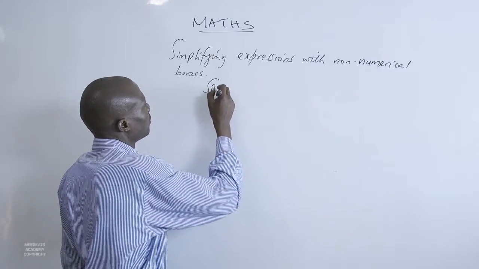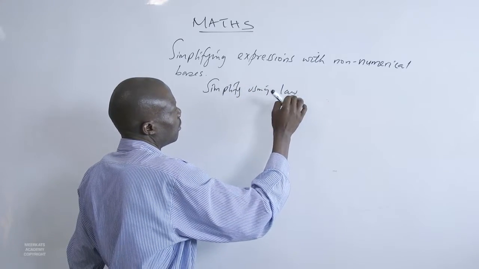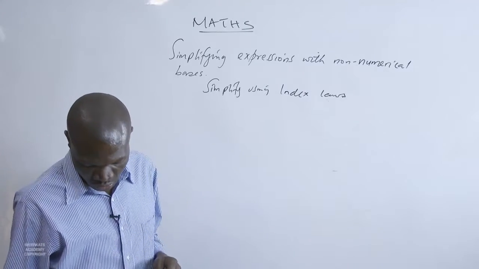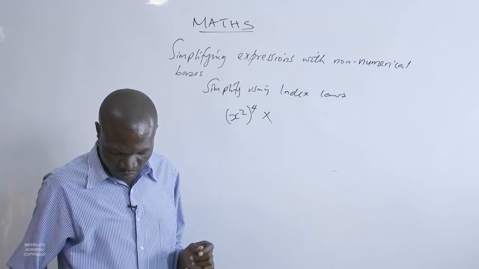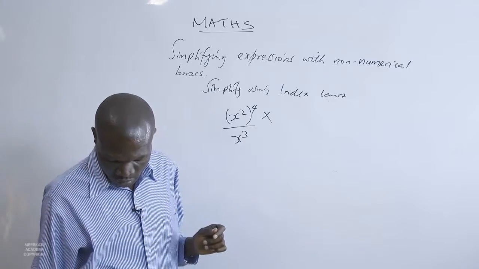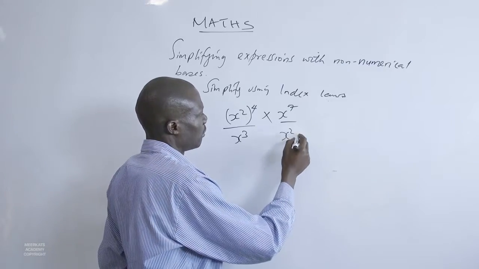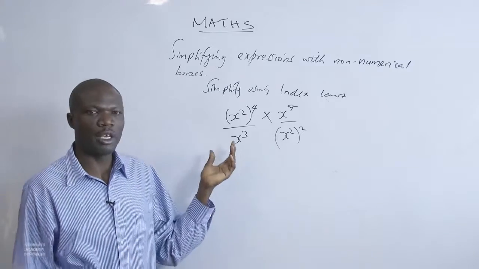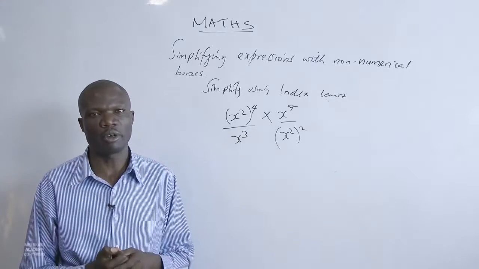Simplify using index laws. That is what we have: x^2 to the power of 4 over x^3, times x^7 over x^2 to the power of 4.